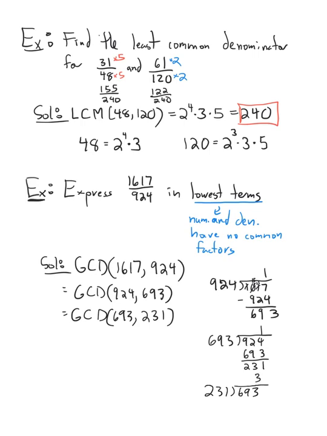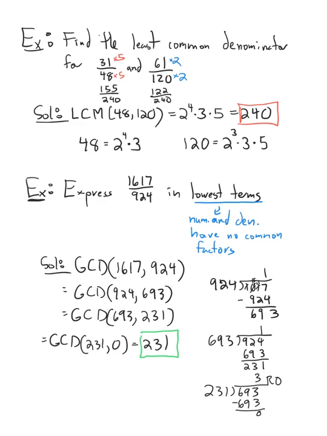Try 3 times. 3, 9, 6. Oh, look at this. This is great. We get a remainder of 0. So the greatest common divisor of 231 and 0 is, of course, 231. So there we go. We found the greatest common divisor.